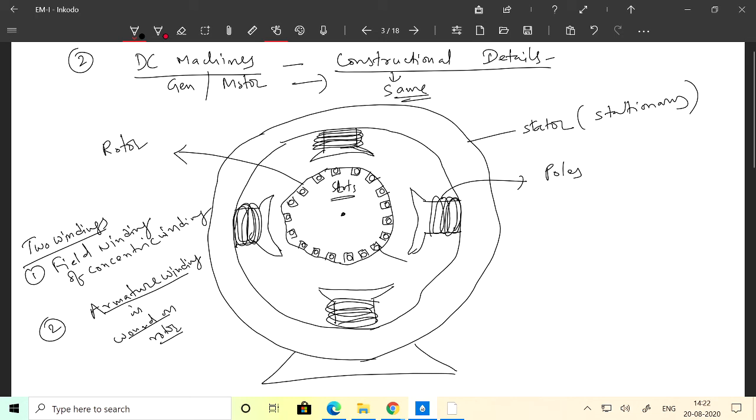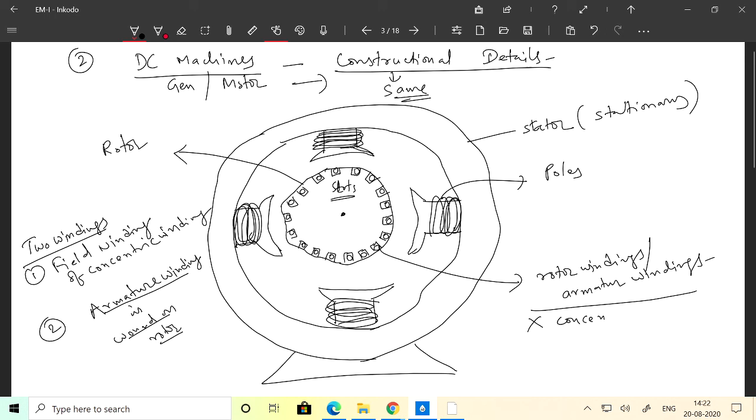Okay, so I'll draw here. This is rotor windings or armature windings. Okay, and these windings are not concentric in nature.